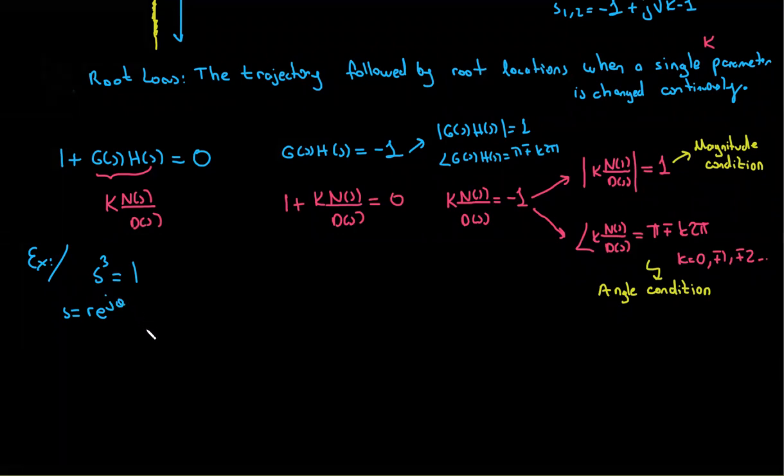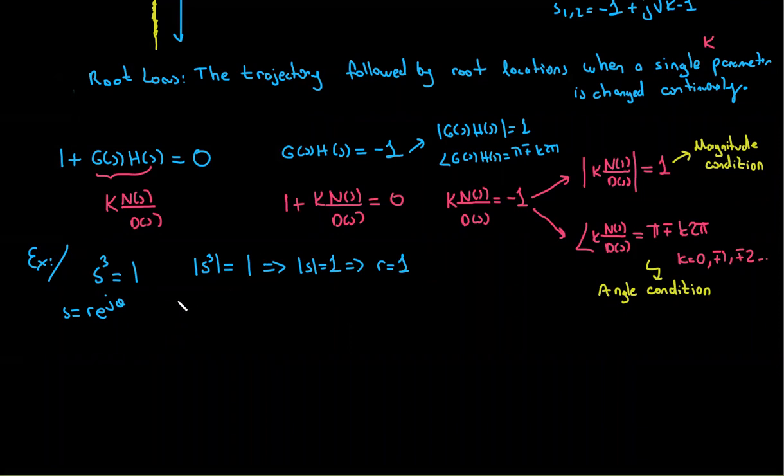To find the s's that satisfy this equation, I need to satisfy two conditions. One is that the magnitude of s cubed should be equal to the magnitude of 1, which is 1, and that is the magnitude condition. So the magnitude of s is equal to 1, and from there r is equal to 1.